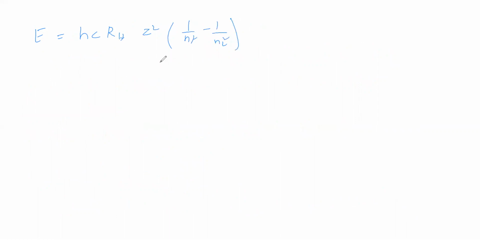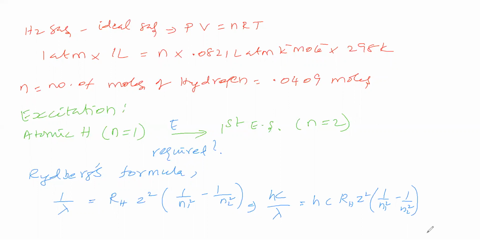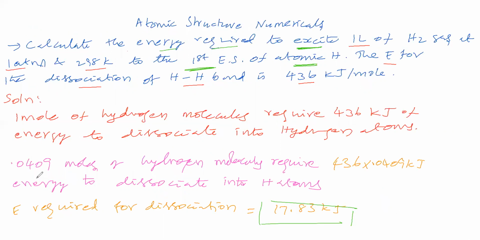This formula we got, and this is for 1 electron. 1 electron means 1 atom, 1 hydrogen atom. Here how many hydrogen atoms are given, that we will see. This many moles of hydrogen molecules means moles of hydrogen atoms is into 2.